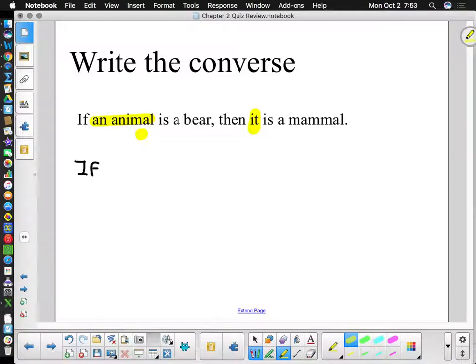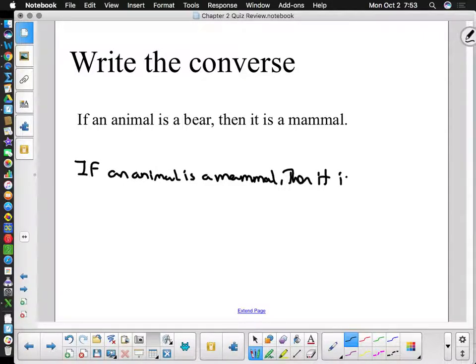Not that critically important. I'm not going to downgrade you for that. But generally, the way I would write this, I would write if an animal is a mammal, then it is a bear.